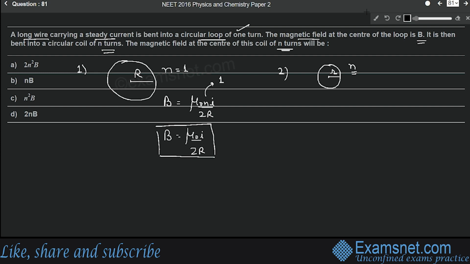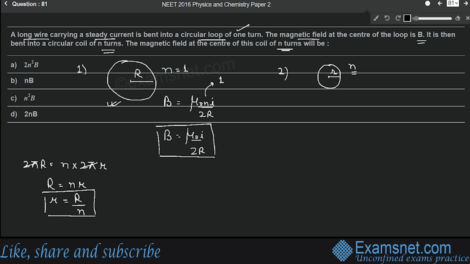That means the perimeter of the bigger loop, that is 2 pi R, will be equal to n times the perimeter of the smaller loop, right? N into 2 pi small r. Got it? So 2 pi can be cancelled. That means capital R is equal to n times small r, or we can write small r is equal to capital R by n. Okay. So this is the value of the radius of the smaller loop.